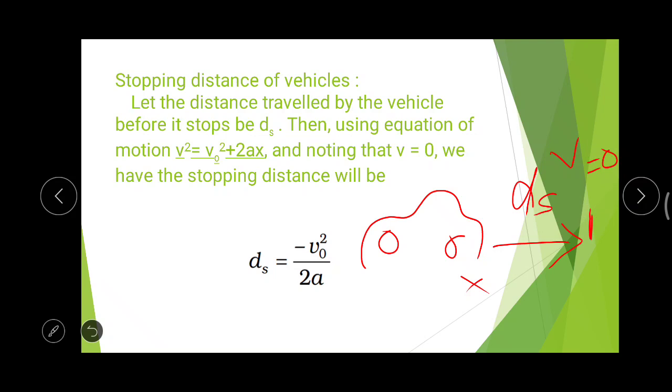Okay, let's name this point as a. At point a, the final velocity v will be 0. There is a value for v0, that is the initial velocity, the velocity with which the car was moving.